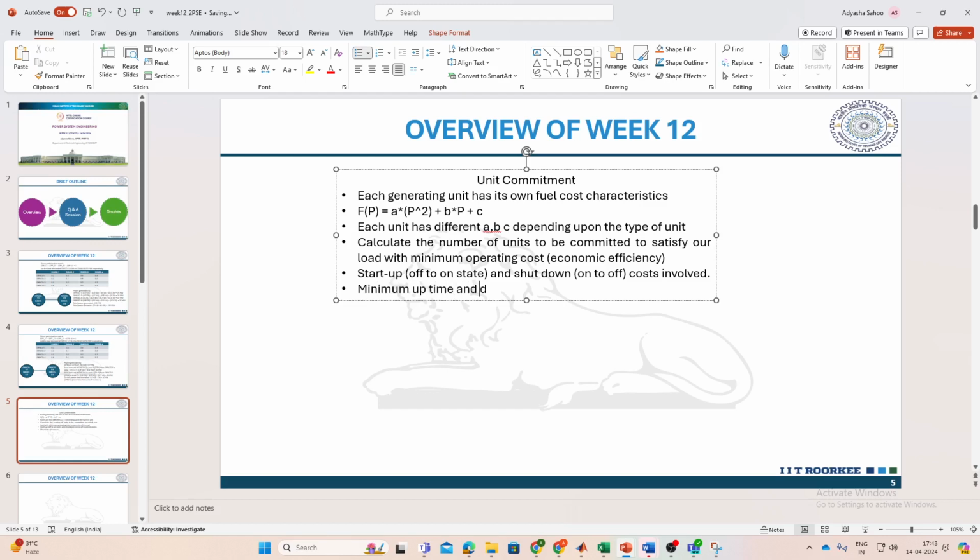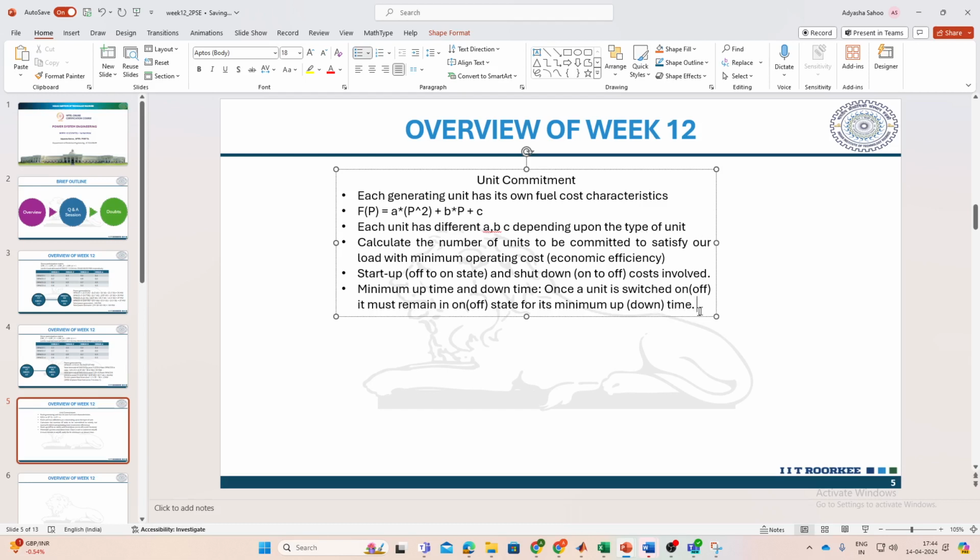What this means is that once a unit is switched on or off, it must remain in the on or off state for its minimum up or downtime.